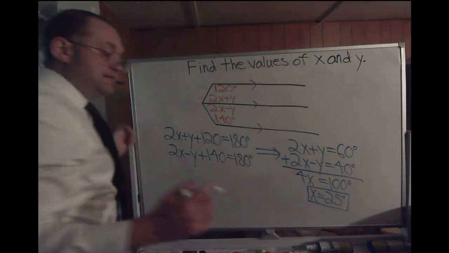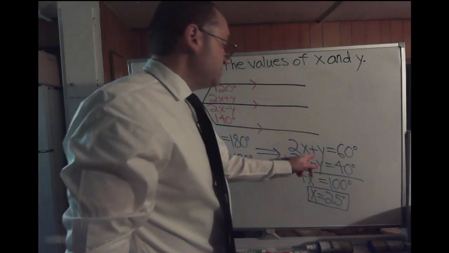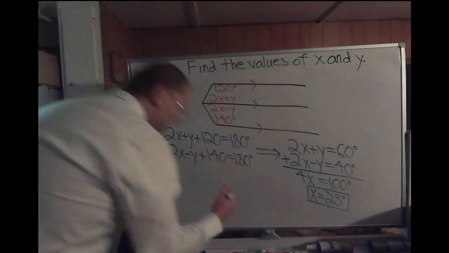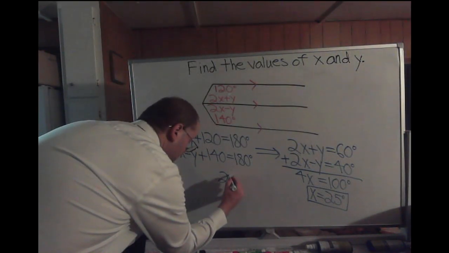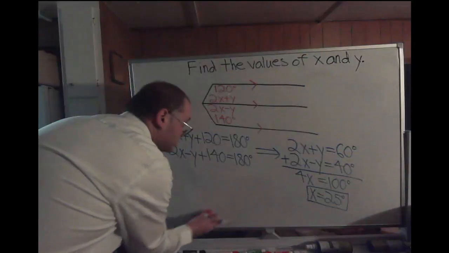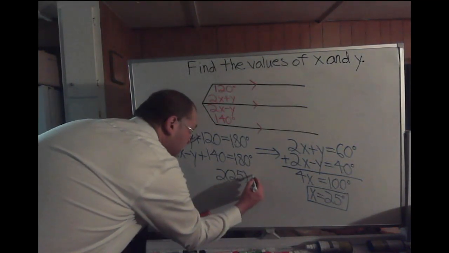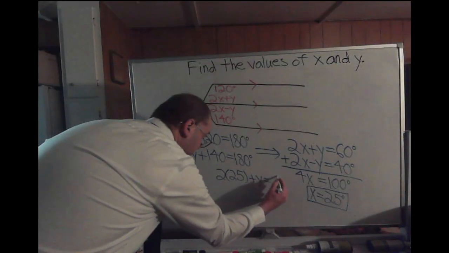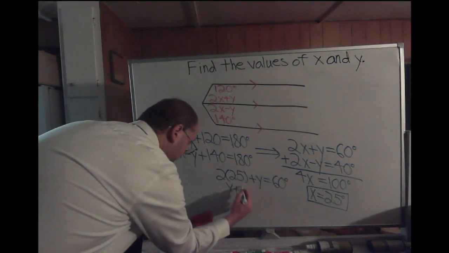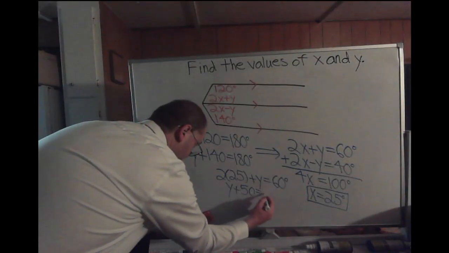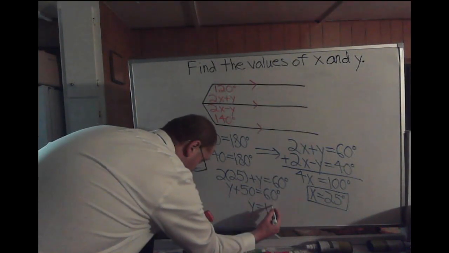And then, like in any system of equations, you just put the value of x into one of them. So I'll put it into the first equation. We'll do 2x plus y, so 2 times 25 plus y equals 60 degrees, which would mean that y plus 50 equals 60 degrees, which could only mean that y equals 10 degrees.